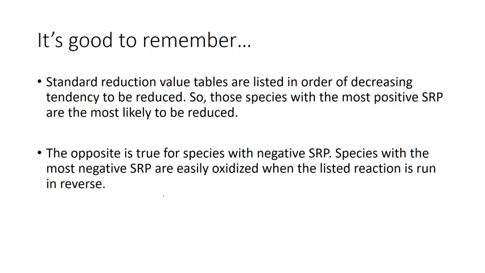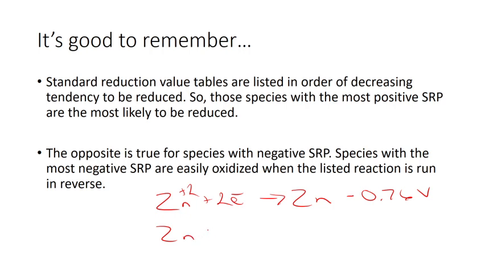Take our zinc, for instance. This has a standard reduction potential, we said, of negative 0.76 volts. The opposite would be positive 0.76 volts, which means it is likely to be oxidized.